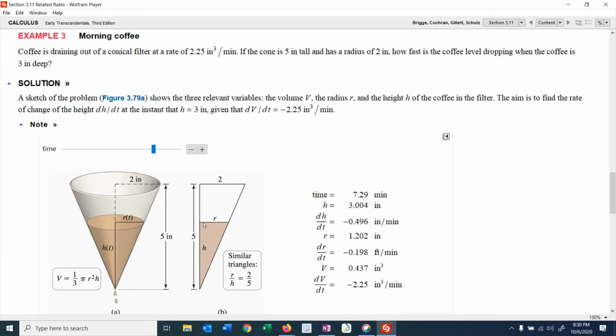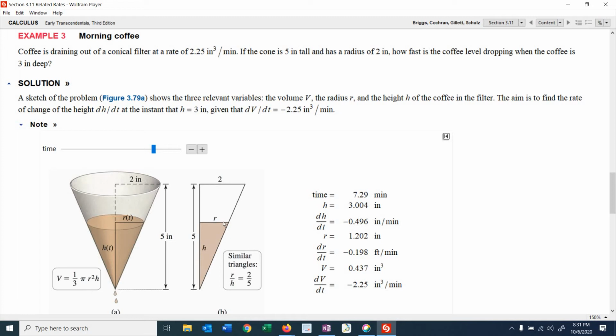And so we have this second triangle. They're similar triangles, right? This larger triangle and the smaller triangle are similar triangles. And so we know that when we have similar triangles, the ratio of one side to another side for one of the triangles, so r over h, is the same as 2 over 5 for the larger triangle.